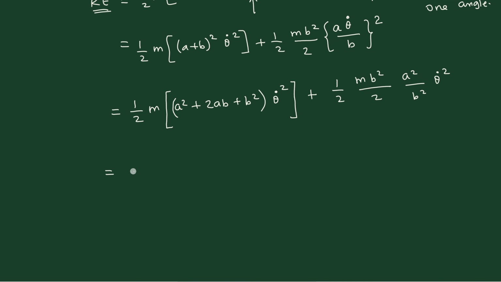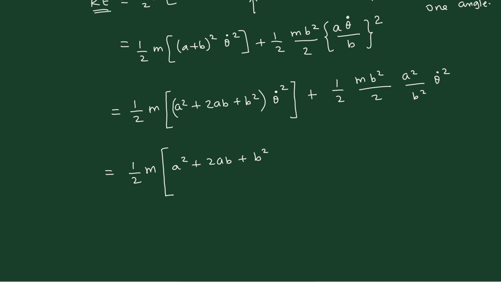Okay, so that is equal to, because half m I am trying to take common. So I'll take a common for both, all these terms. Then I get a square plus 2ab plus b square theta dot square, I think one of the terms are cancelling.